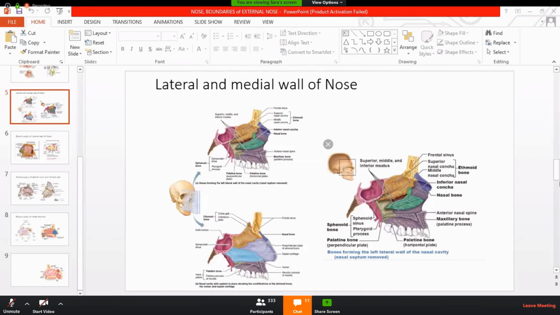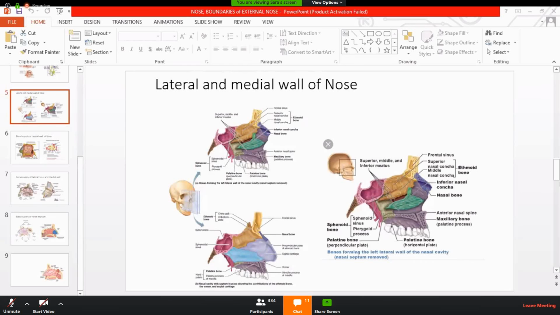This is the nasal septum, that is the midline structure which divides the nasal cavity into the right and the left halves. Okay, clear so far? Onto each aspect you will have the lateral walls. The lateral walls are the corrugated walls or the walls which have a number of folds and depressions. These are known as the concha and the meati. Okay?